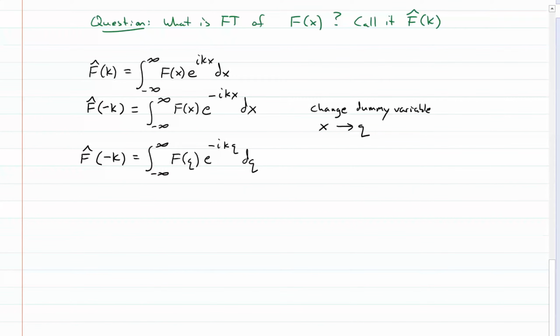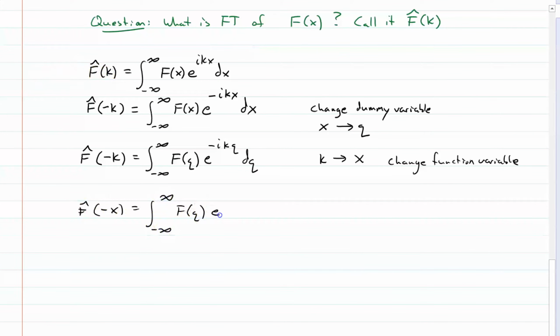And now let's change the variable in the function from k to x. So change the function variable. F hat of minus x is equal to the integral from minus infinity to infinity of F of q e to the minus i q x dq.